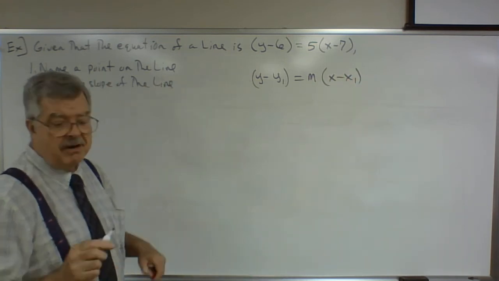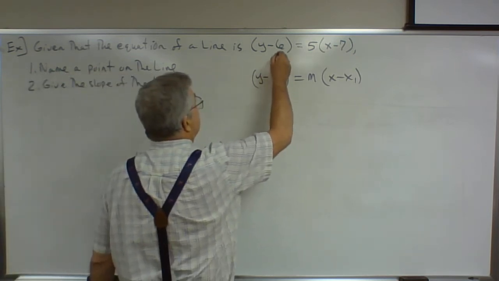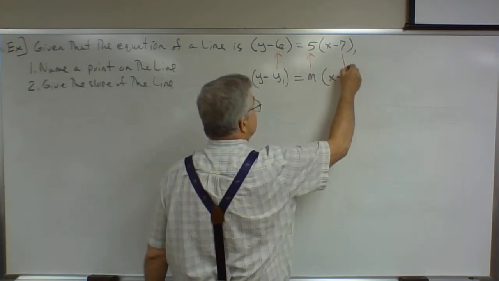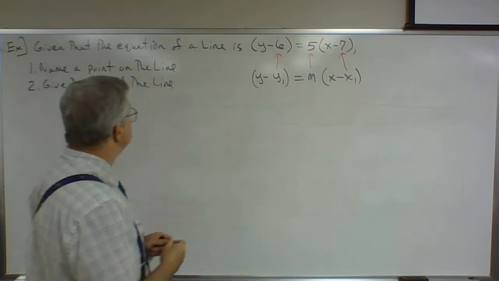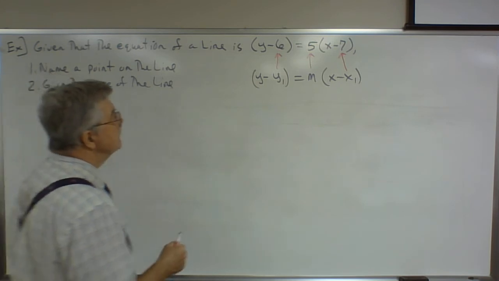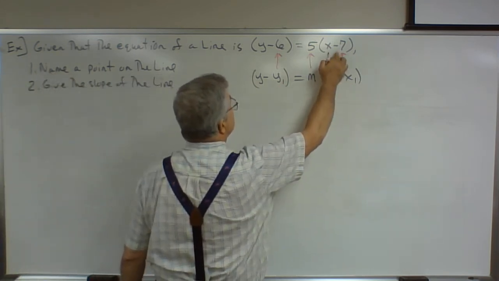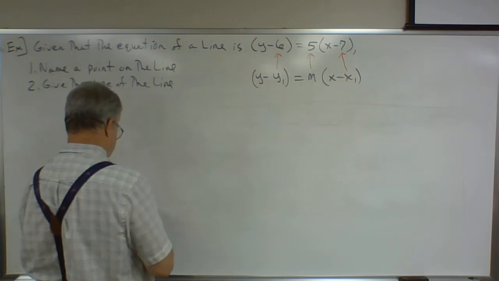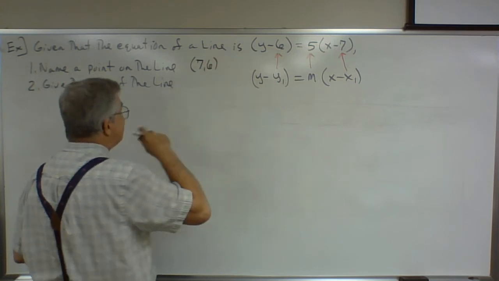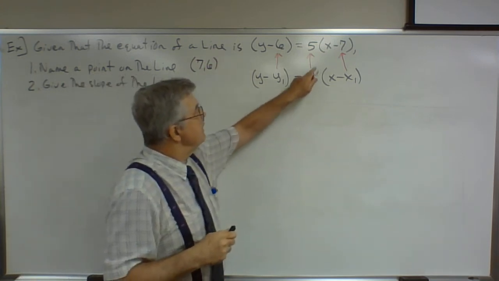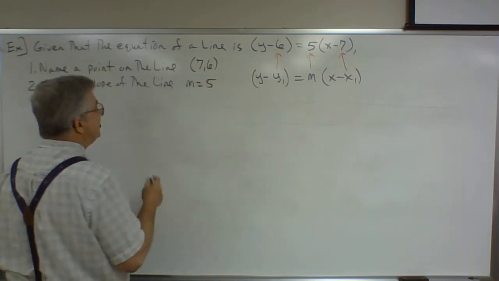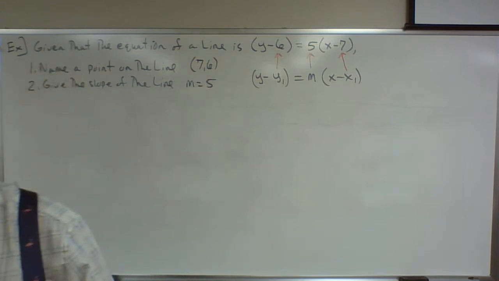And we just match up the corresponding parts. y1 is 6, m, the slope, is 5, x1 is 7. So, name a point on the line: x1, y1 equals 7, 6. The slope m equals 5. And we are done.